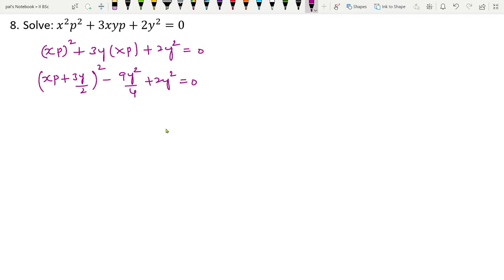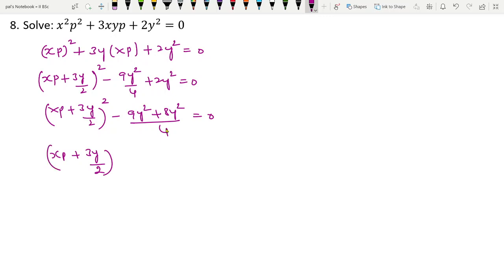Simplifying this, xp plus 3y by 2 whole square, minus, 4 is the LCM here, (9y square plus 8y square) divided by 4 is equal to 0. So xp plus 3y by 2 whole square, and this becomes minus y square divided by 4. When you bring this to the right hand side, it is plus y square divided by 4.